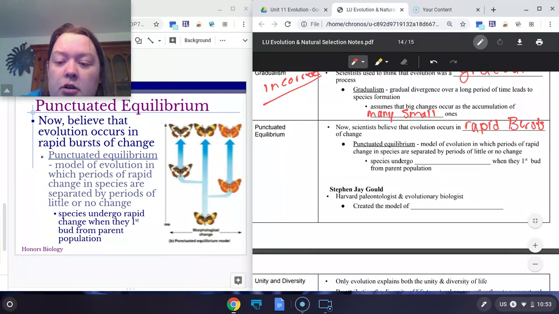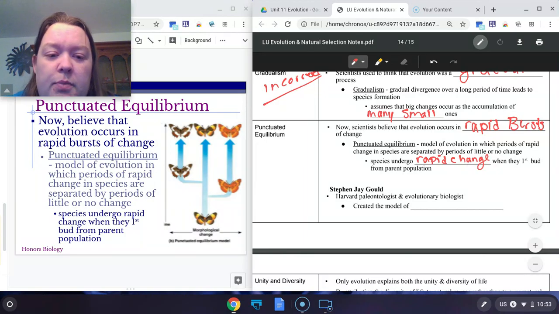So species undergo rapid change when they first bud from their parent population, and then after that, they stay the same. And this shows to be more what we see today.